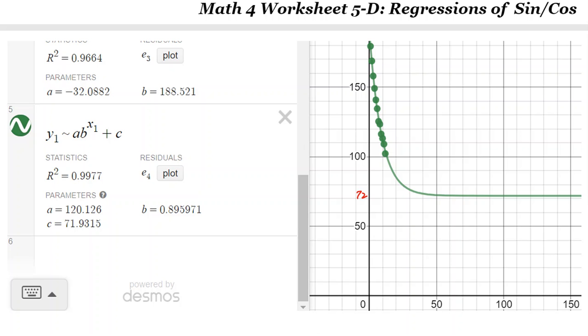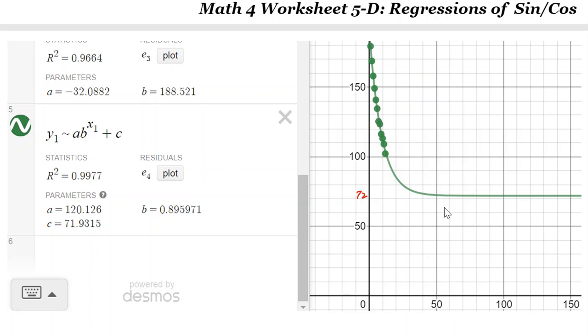Now, wait a minute. If I've got a cup of coffee sitting out on the counter at McDonald's, why would it level off at 72? That's because 72 is room temperature. Eventually, your cup of coffee is going to cool down to whatever the ambient room temperature is, and so that would be 72.